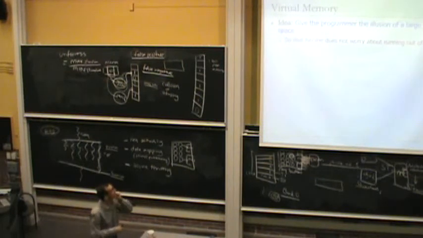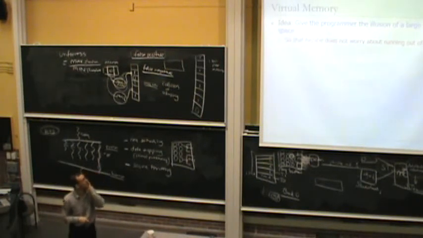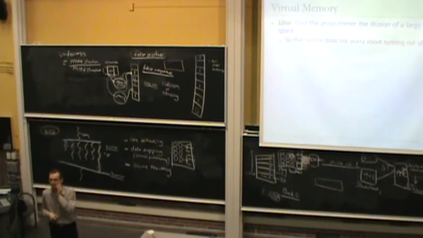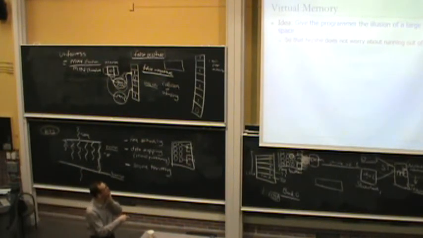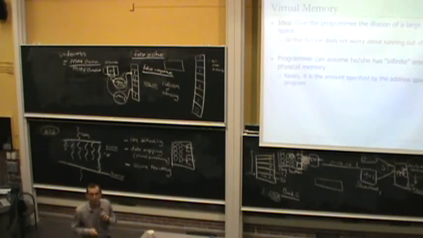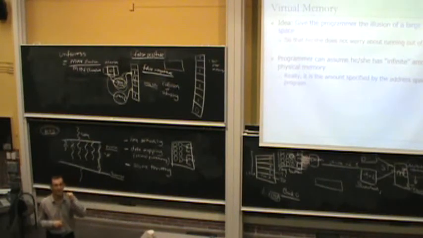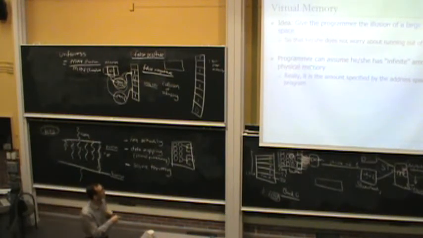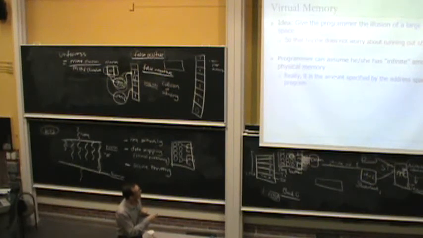So the idea of virtual memory is to give the programmer the illusion of a large address space. Let's assume the large address space is infinite, so that he or she doesn't worry about running out of memory. The programmer can assume they have an infinite amount of physical memory, but really it's the amount specified by the address space of a program.